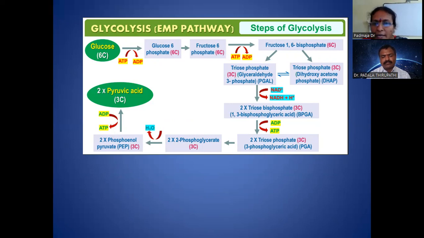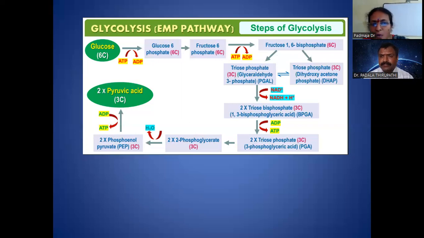And again, they will be converted into this triose phosphate, again converted into glyceraldehyde 3-phosphate. There is a mutual conversion taking place, and this is giving rise to bisphosphoglyceric acid and phosphoglyceric acid. This will be converted into phosphoglycerate and phosphoenol pyruvic acid. The end product is pyruvic acid.